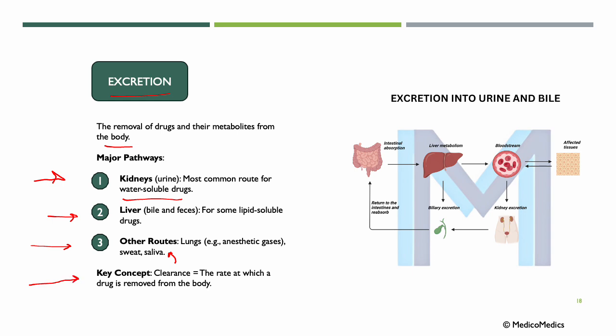It refers to the rate at which a drug is removed from the body. It directly impacts the drug's half-life and helps determine the appropriate dosing frequency to maintain therapeutic levels. Now, what is half-life? Let's move to pharmacokinetics in action and see what it is.